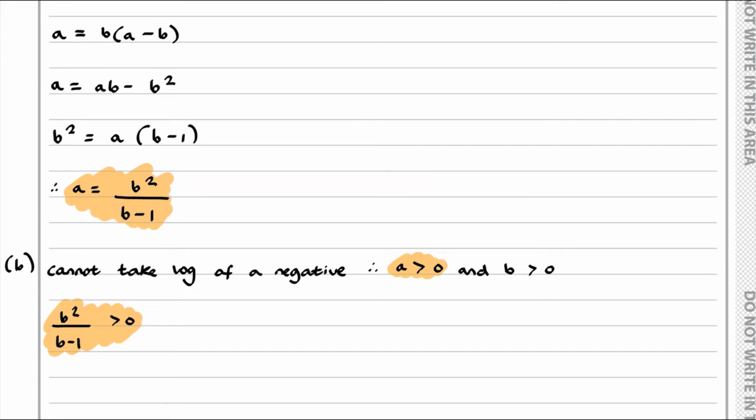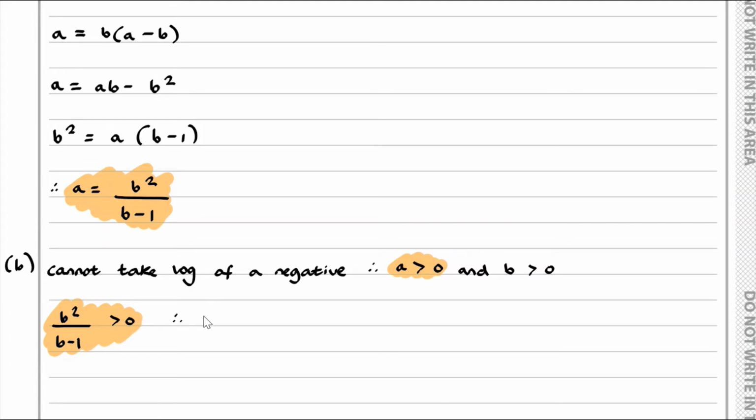So from this, B squared, obviously that's greater than 0, and therefore B minus 1 must be greater than 0, because we have something greater than 0 divided by something must be greater than 0.